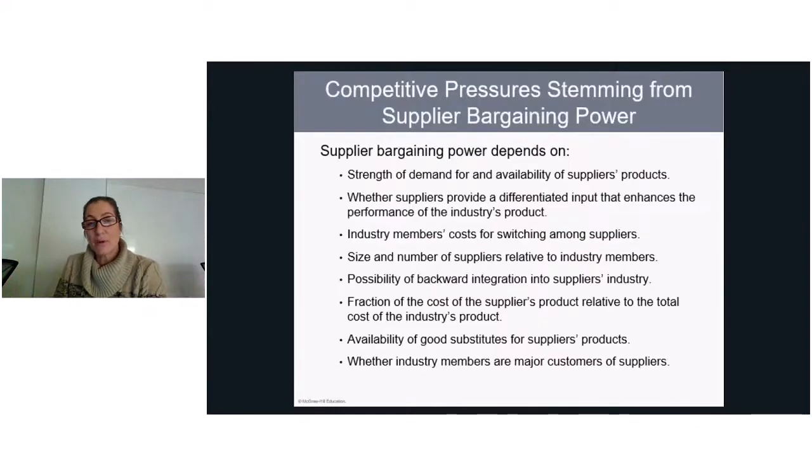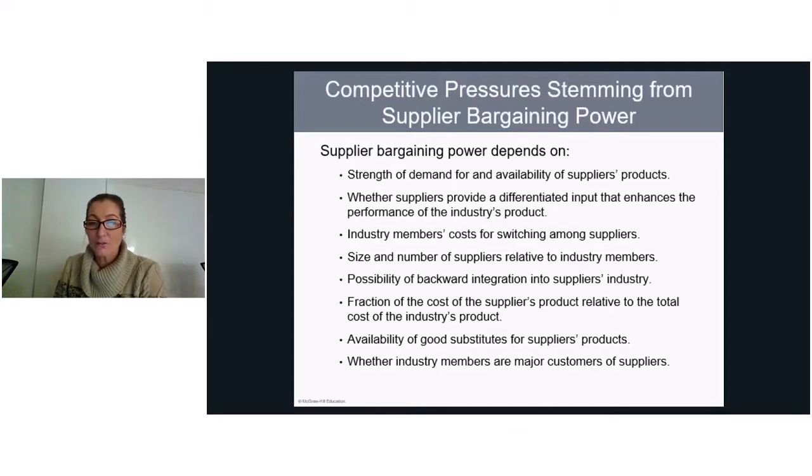All right, let's look at the competitive pressures stemming from supplier bargaining power. So supplier bargaining power depends on the strength of demand for and availability of their supply products. It also depends on whether suppliers provide a differentiated input and whether or not that enhances the performance of the product.